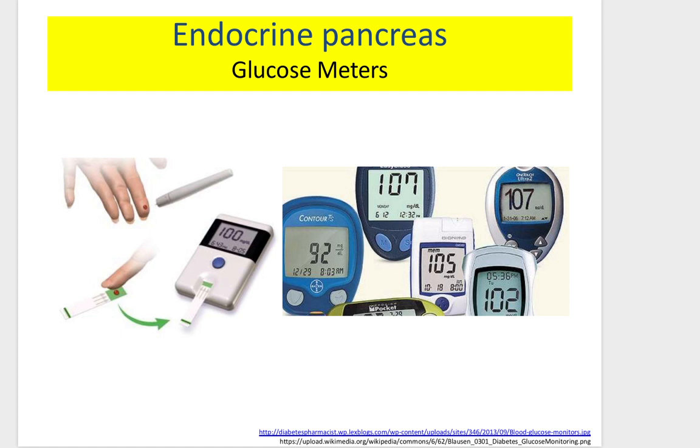And for individual checking, for self-controlling glycemia levels, patients use devices that we name glucose meters, which check the level of glycemia in capillary blood by the technique that you see in this picture.